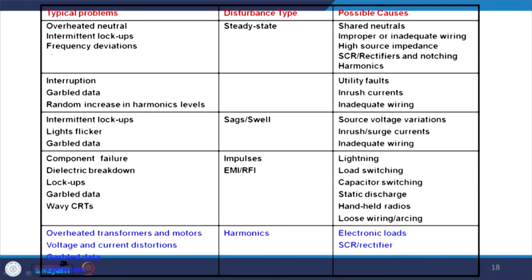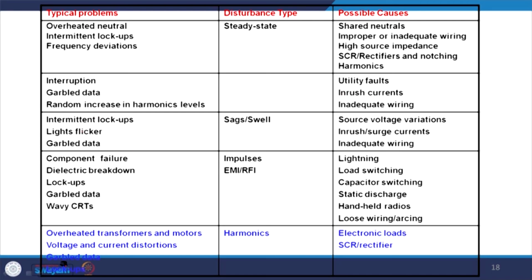Overheated neutral, intermittent lockup, frequency deviations. Disturbance type is steady state. It is because of possible causes such as shared neutral, improper or inadequate wiring, high source impedance, SCR or rectifier, and notching, harmonics, interruptions, then utility fault, inrush current.